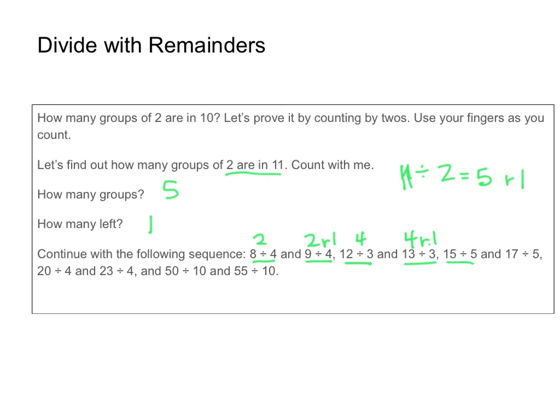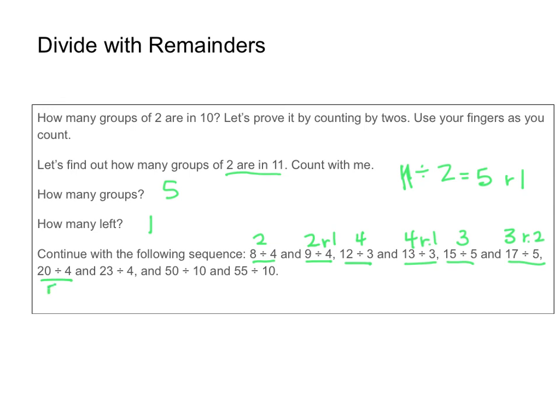15 divided by 5. Well, 5, 10, 15. That gives us 3. But 17 divided by 5, well, we have to add 2 more. So that gives us 3 with a remainder of 2 in order to get to 17. 20 divided by 4, 4, 8, 12, 16, 20.